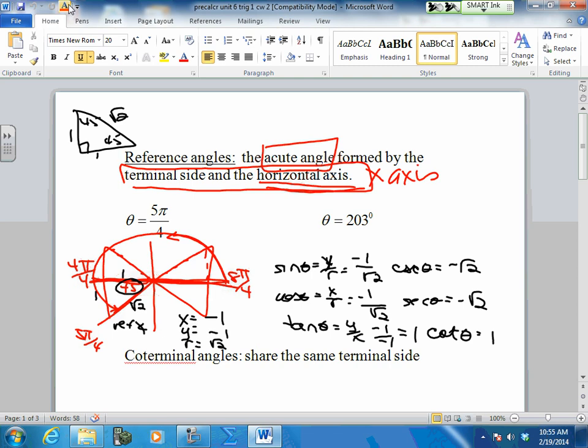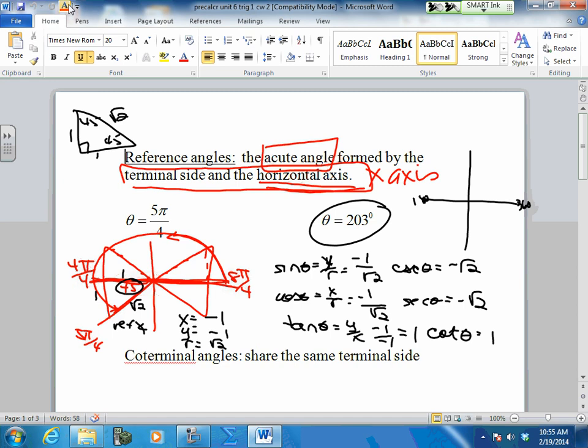Okay? Now, sometimes we have an angle, and all I'm asking you to do is find me a reference angle. A little angle between 0 and 90 that meets up to this axis. So what quadrant does 203 terminate in? 3. Start like this. 360 and 180. Just put them down.